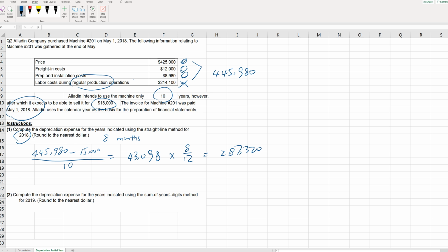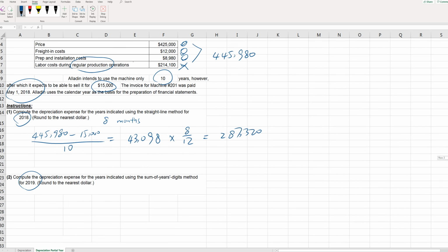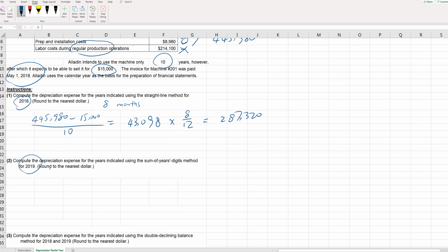So question 2, compute depreciation expense using the sum of the year digits method for 2019, the second year. Again, we're going to start with a regular setting. Let's calculate my depreciation expense for the first year and second year. Then we're going to solve the fiscal year problem. For the first year of usage, what is my depreciation expense?